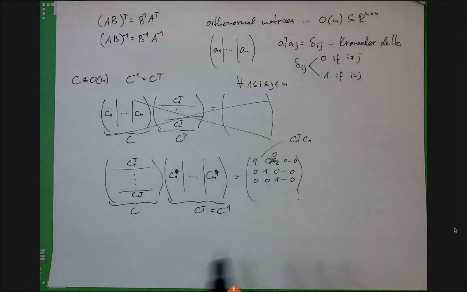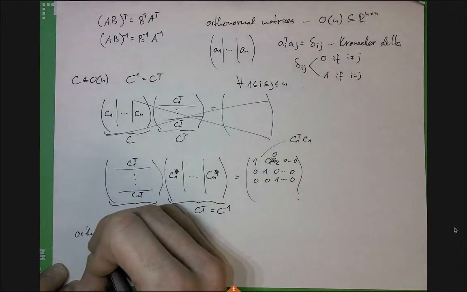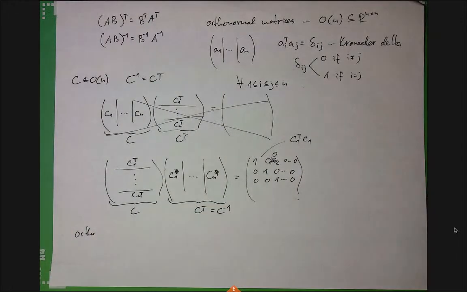So we had some examples of orthonormal matrices, like rotations and permutations. The one thing I wanted to explain to you is that there are actually two types of orthonormal matrices.